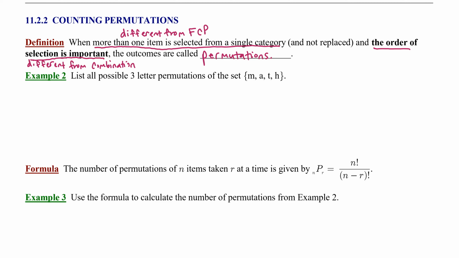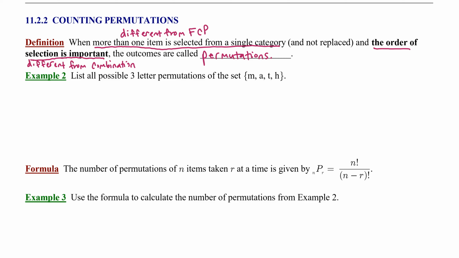Here's a great example to get started. We're going to list all possible 3-letter permutations of the set MATH. Notice that is a set in roster notation. The cardinal number of that set is 4. Remember all this good stuff? Because that set has 4 elements.